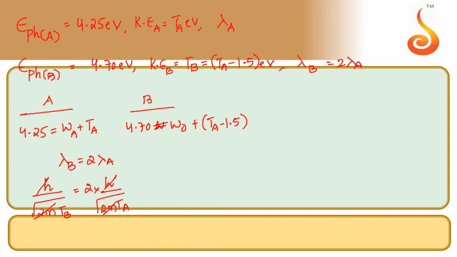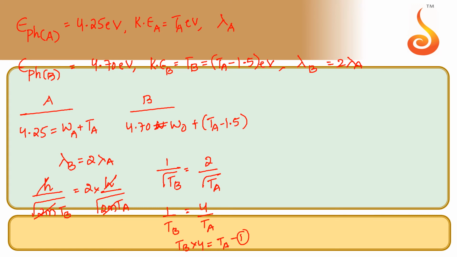Therefore, what we got? 1 by root Tb is equal to 2 by root Ta. Squaring on both sides, 1 by Tb is equal to 4 by Ta. Therefore, Tb into 4 is equal to Ta. Let it be equation 1.